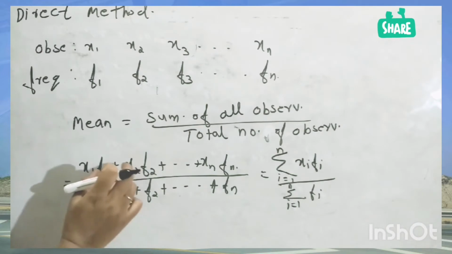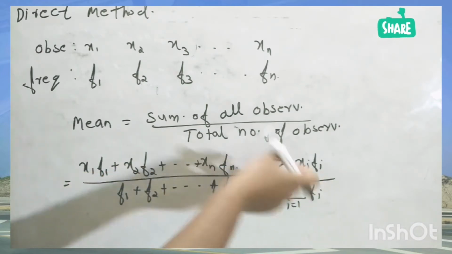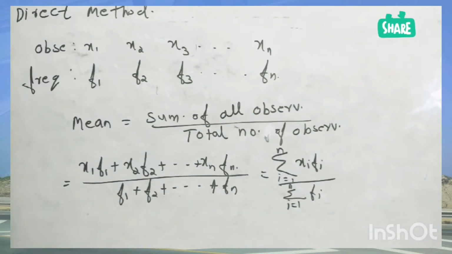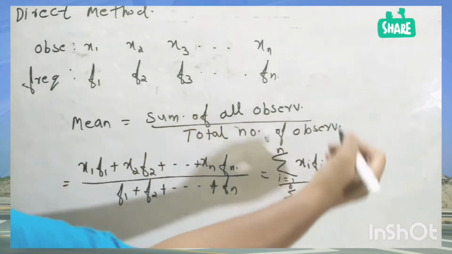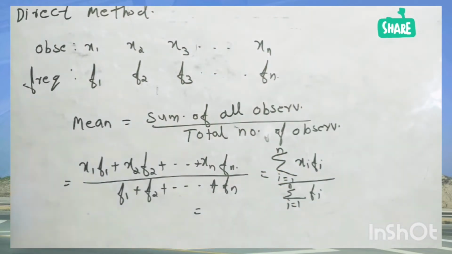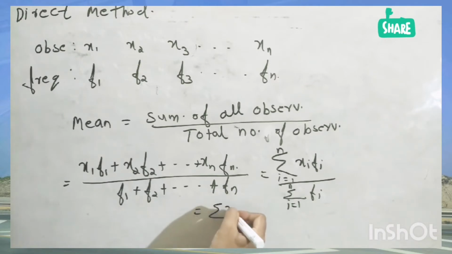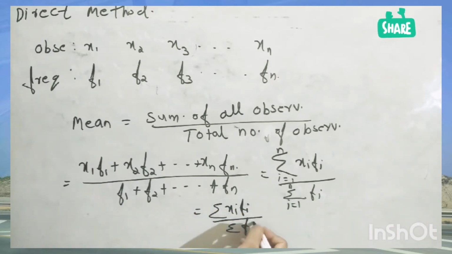Instead of writing these n terms, we can write it using sigma. So mean is equal to summation xi fi divided by summation fi, where i varies from 1 to n, which is understood.